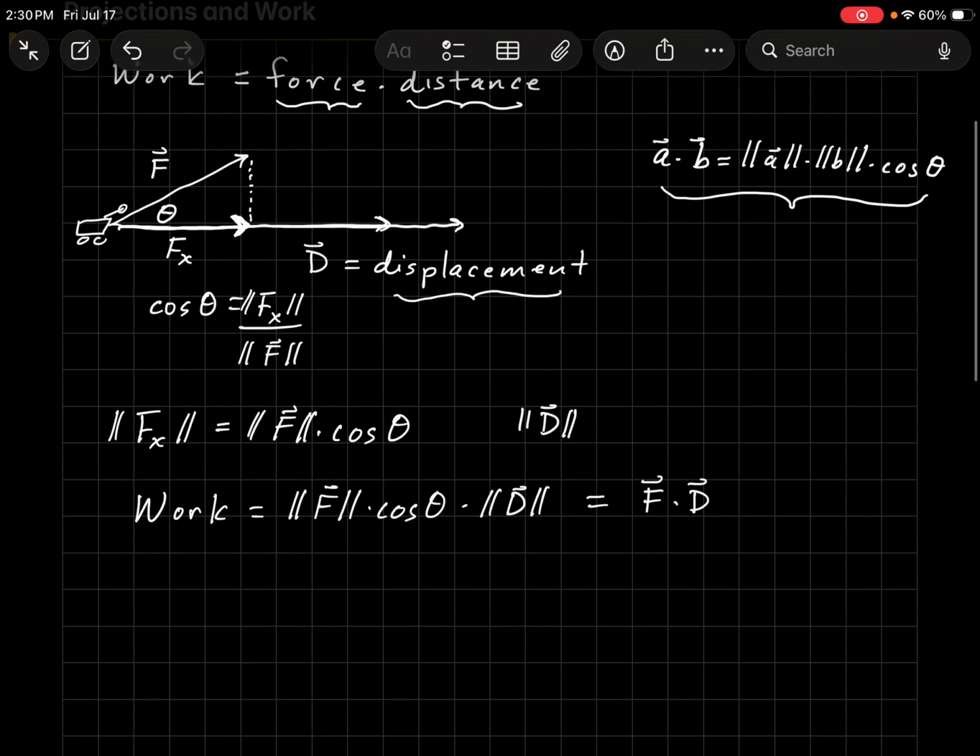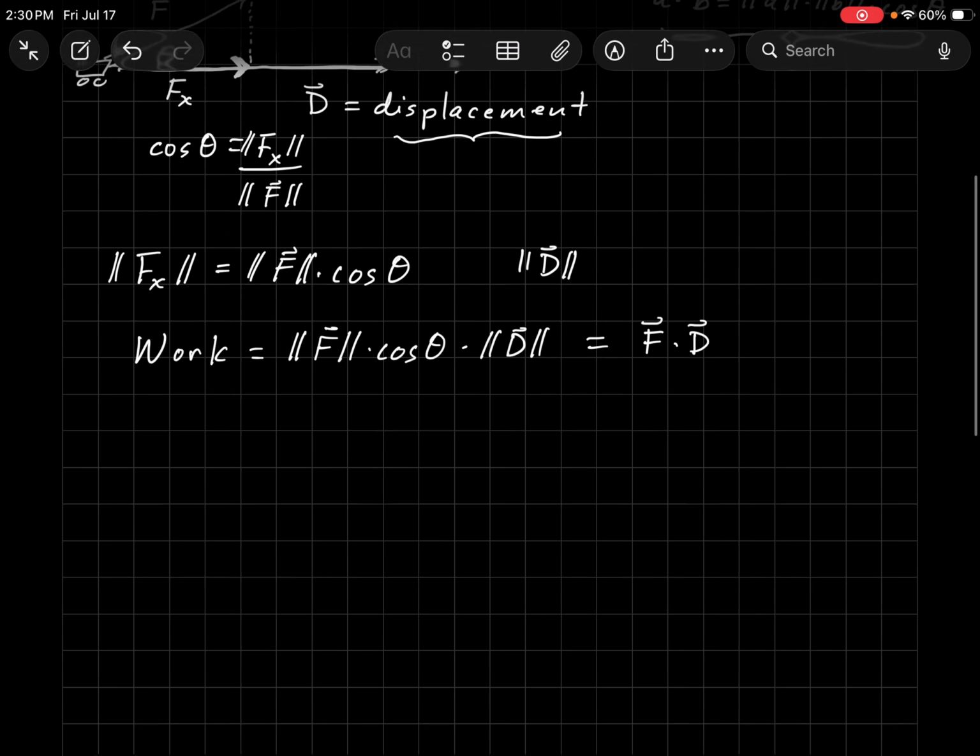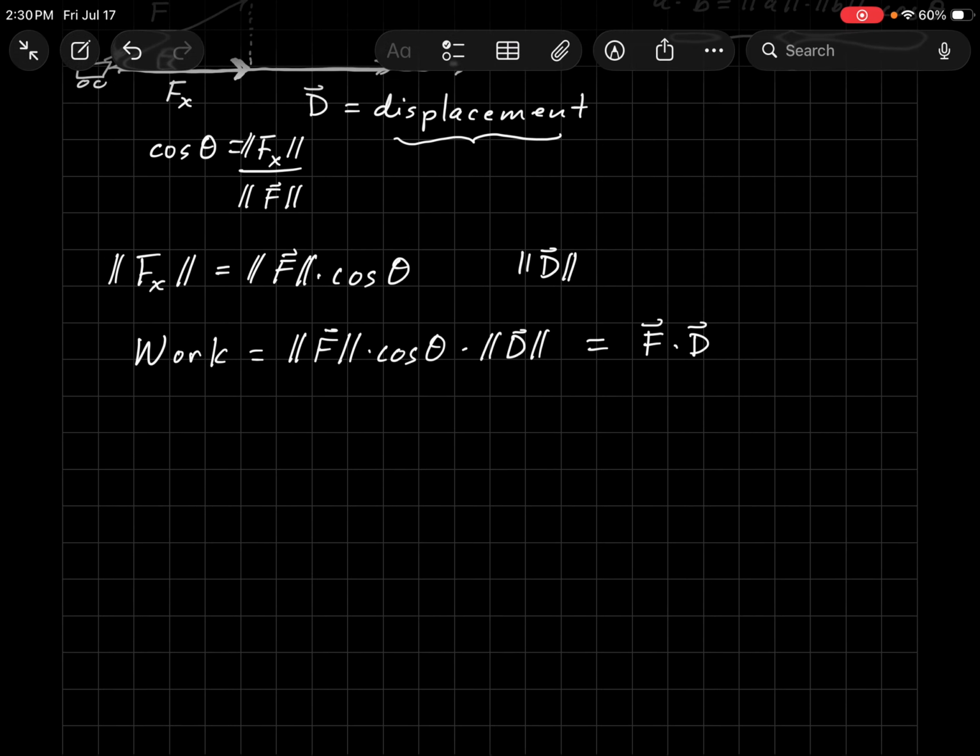So let's do an example here. Suppose our force vector is given by 70 cosine 35 degrees i plus 70 sine 35 degrees j.